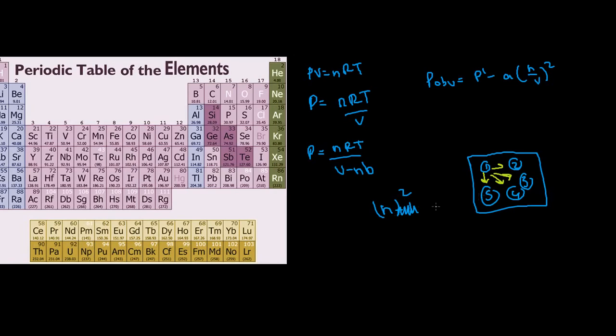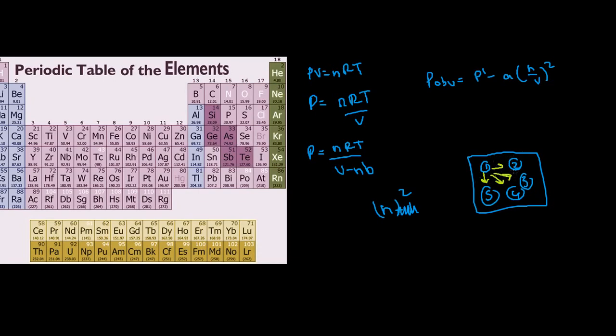Now, that being said, it's not going to be precisely n squared, because when I do these interactions, 1 to 2, 1 to 3, 1 to 4, 1 to 5, I'm going to start getting repeats. When I start going on to 2, 2 to 1, I've already done 2 to 1 when I did 1 to 2, so that's not counting.